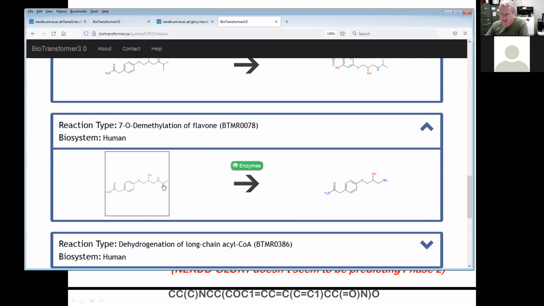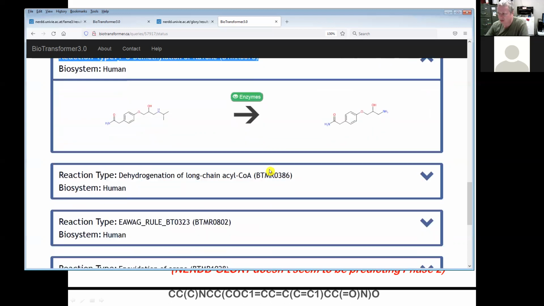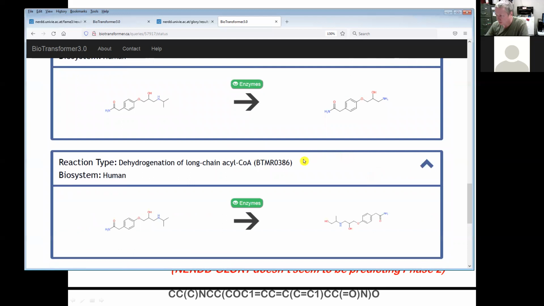It looks like it's oxidation of the isopropyl group, and then kicking off of acetone, essentially. I don't know, these names are wrong, but the reactions look right. The reactions make sense, and I would predict this reaction also. Another dehydrogenation. This is probably just an oxidation somewhere.